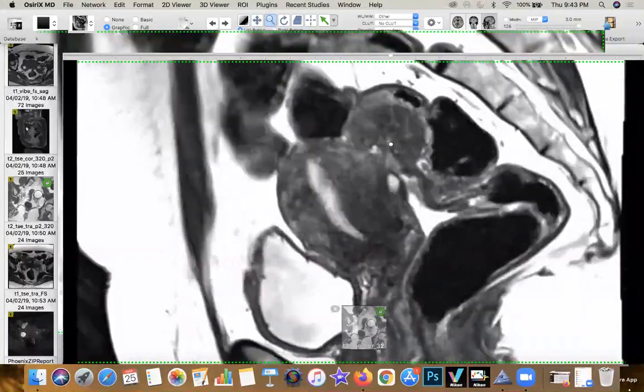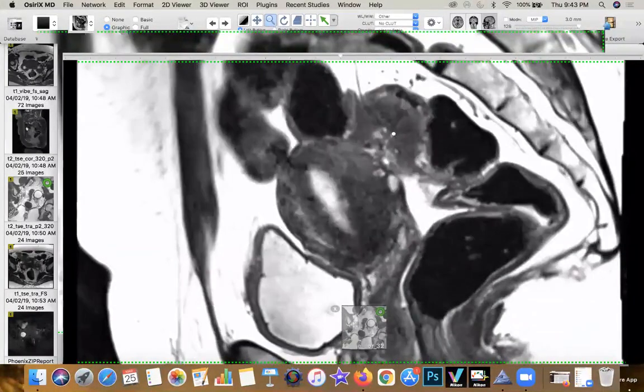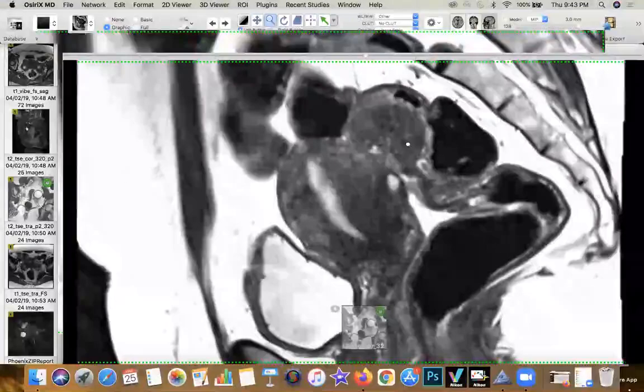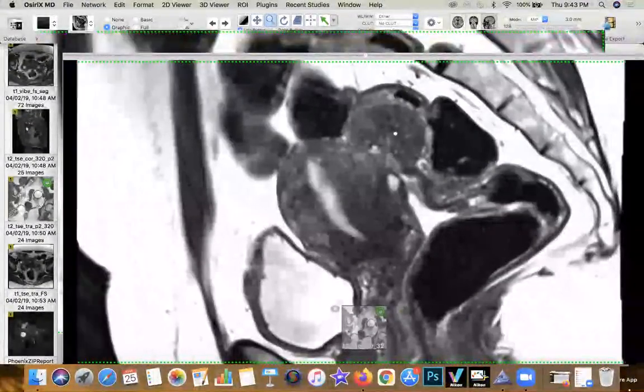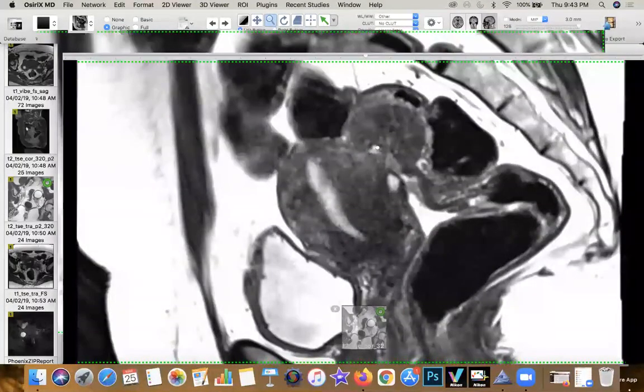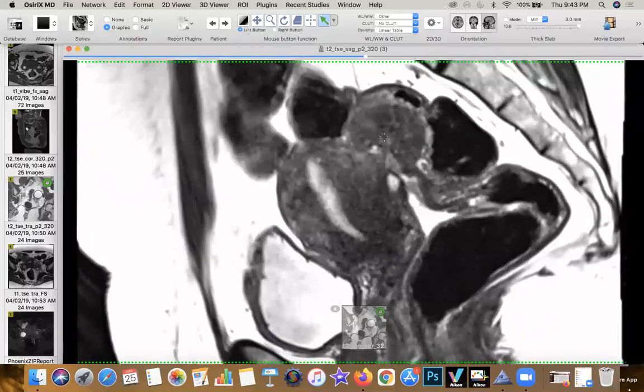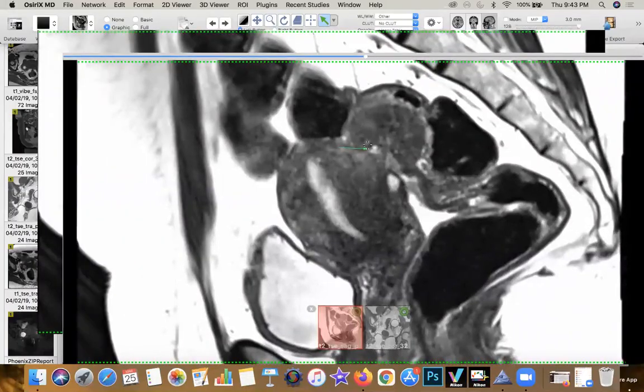So this appearance, what we call a mushroom cap appearance, is sine qua non for transmuscularis mucosal involvement of the disease itself. So what has happened is the lesion has infiltrated the rectal wall here. It has kept on bleeding. And now, because it's incited a desmoplastic reaction, it has started to tether the wall which is rostral to the site of infiltration, and the wall which is caudal to the site of infiltration.